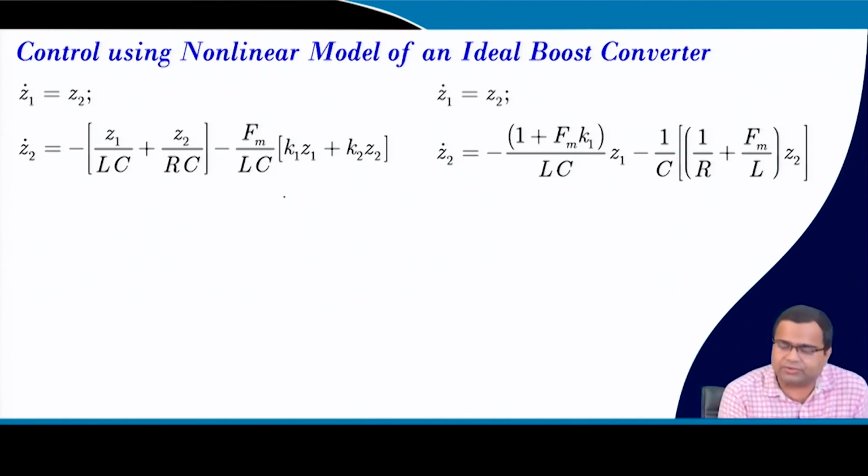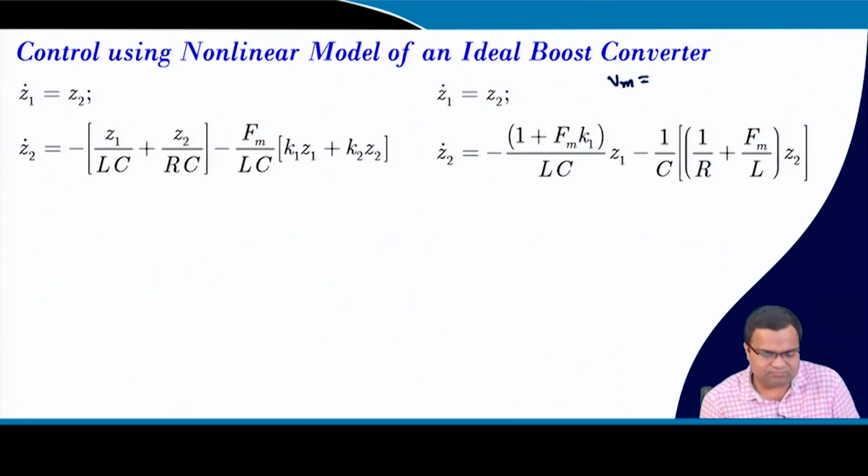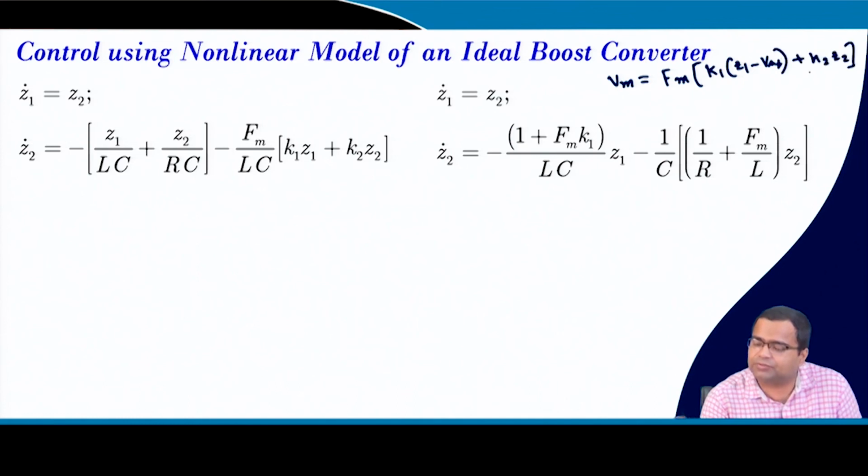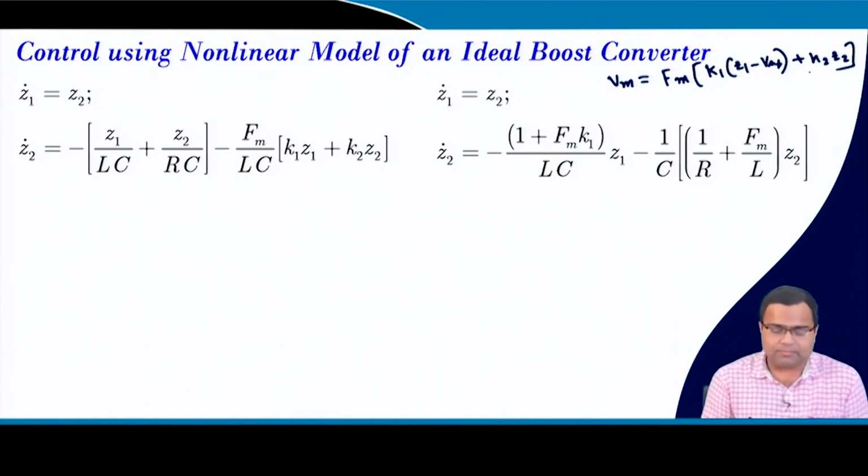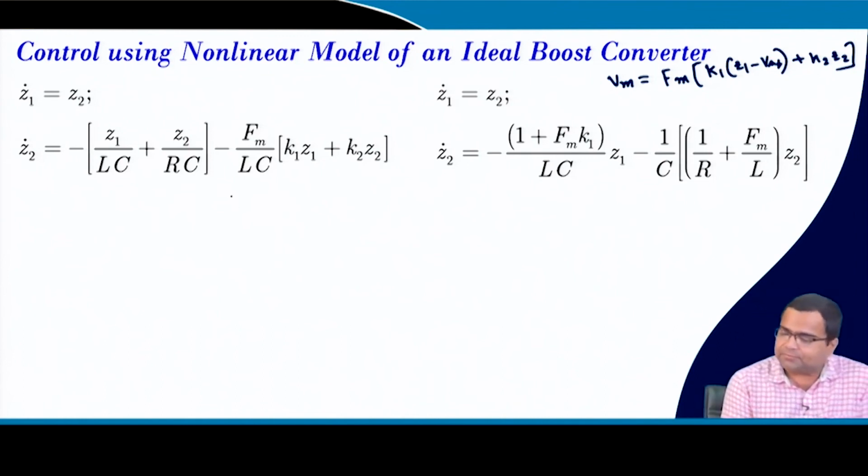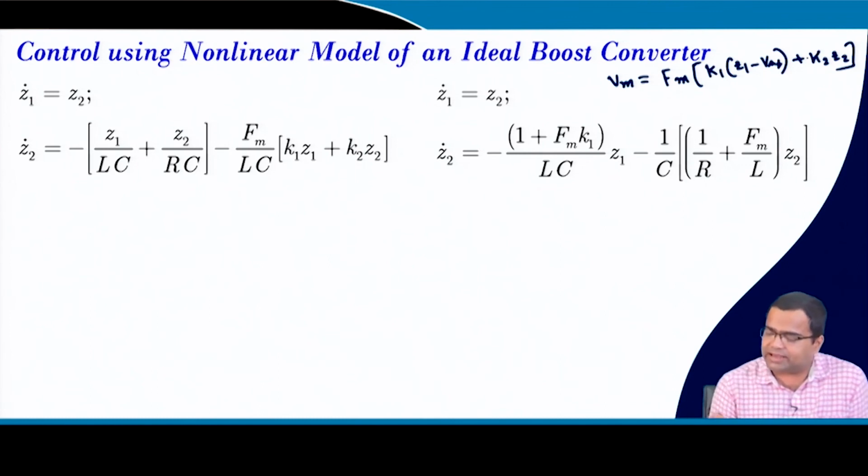So, since we have replaced Vm to be Fm times K1 (Z1 minus Vref) plus K2 into Z2. Okay. So that means there will be an additional term, which will be plus, if you take here, it should be Fm.